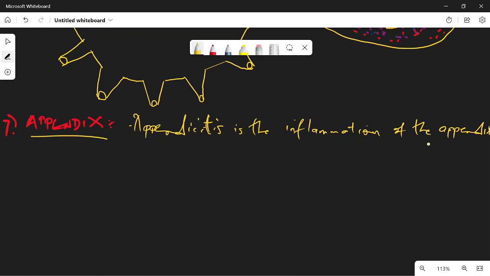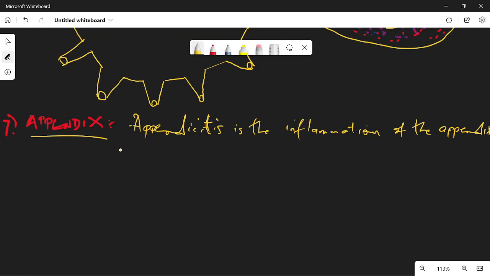Now, when you give entrance into the body to substances that cannot be broken down, if they are not broken down and not excreted from the body, they find their way into an organ called the appendix for storage.